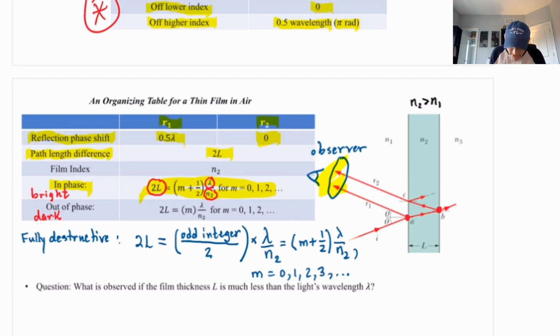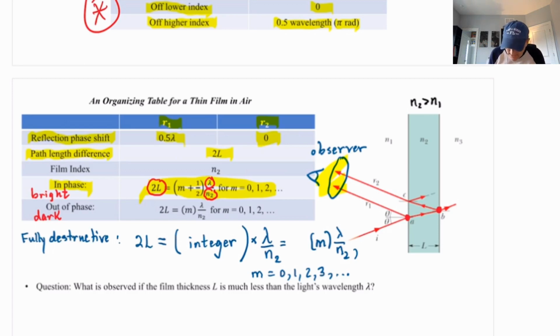So what I want for my condition now is for 2L to be, well, just an integer times the wavelength in material 2, which is the wavelength in vacuum, divided by n2. And the way we'll write that is we'll write that as just an integer m times lambda over n2, where m can be 0, 1, 2, 3, ... And that will be the condition for our observer.